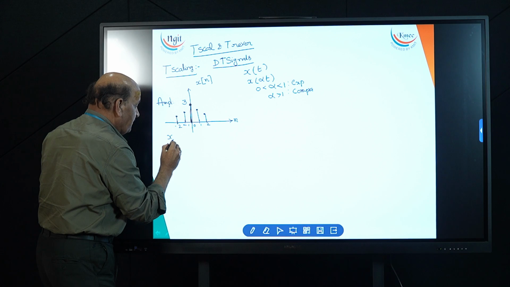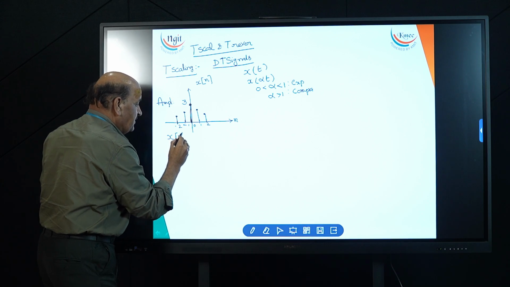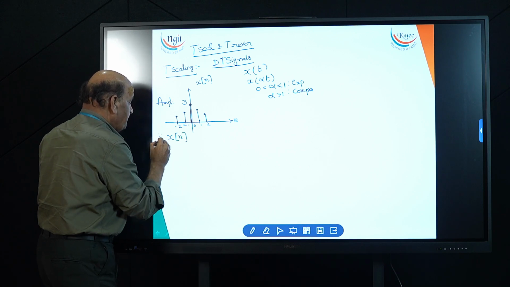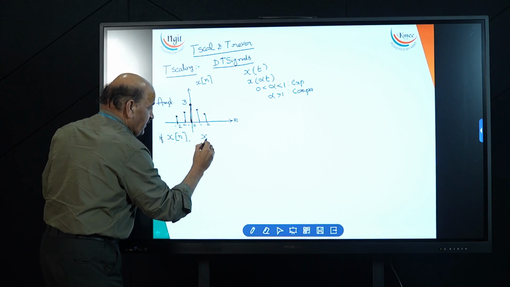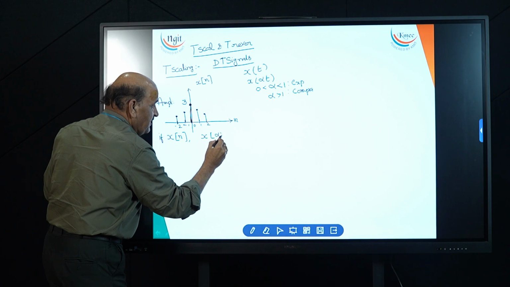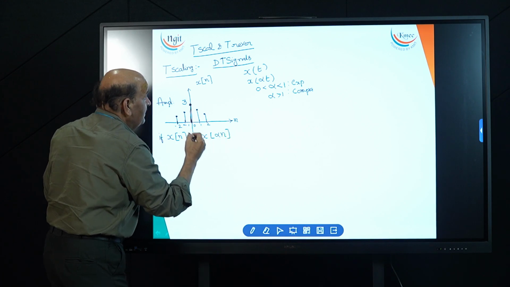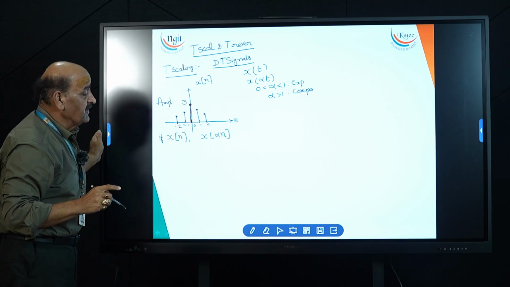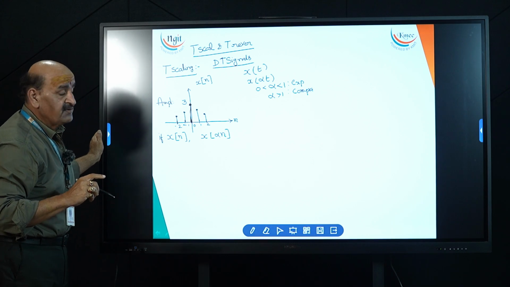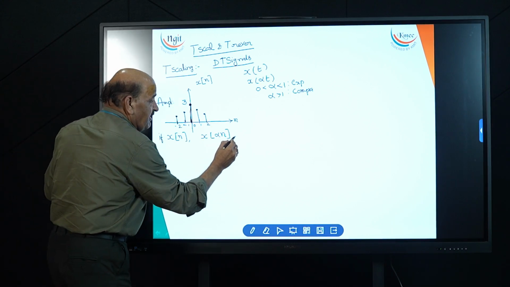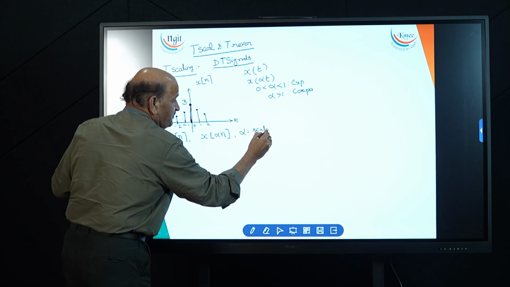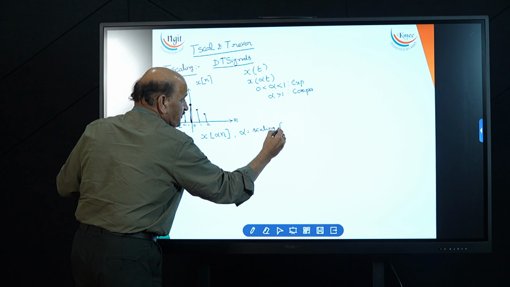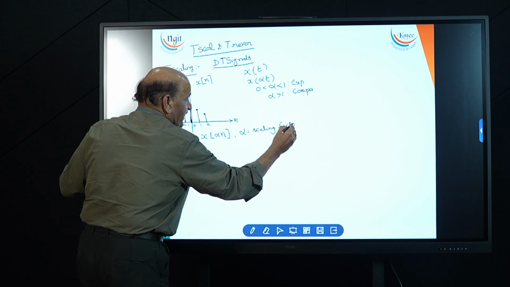Now just look at, the same concept we are applying for discrete time signals. Let us consider x of n is a discrete time signal. Then x of alpha n is called the time scaling signal. Here alpha is called the scaling factor.